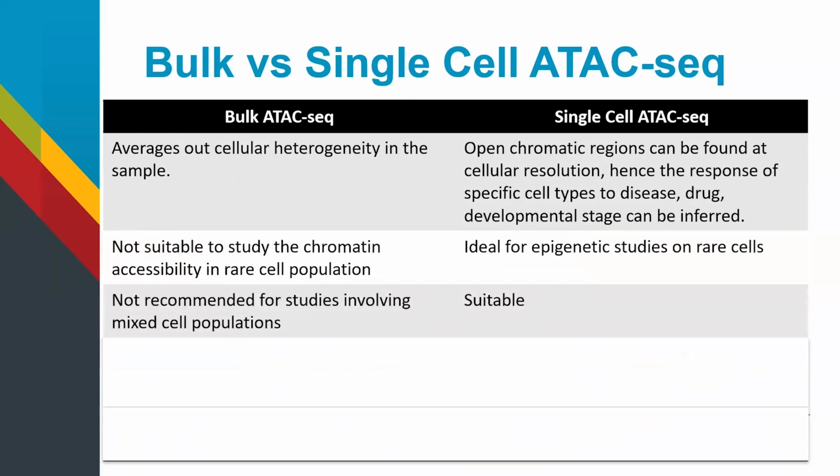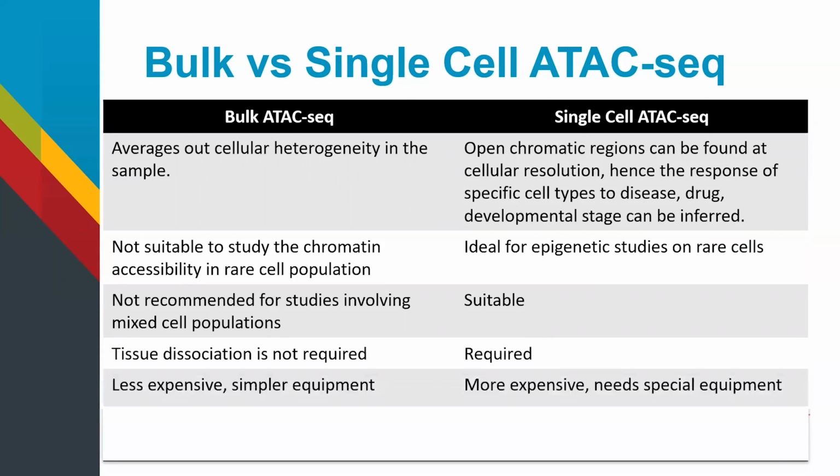This makes single cell ideal for epigenetic studies in rare cell types or in samples with mixed cellular populations. Bulk ATAC-Seq analysis can be performed with basic molecular biology tools and kits, whereas sample preparation is more complex and sometimes requires special equipment for single cell.